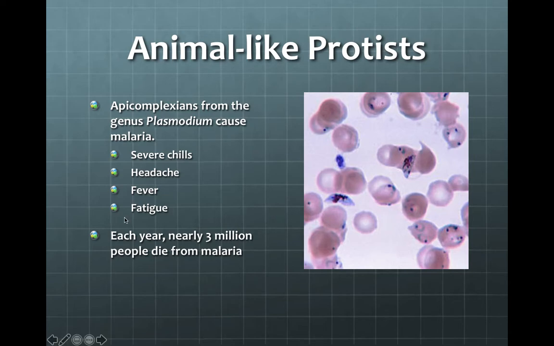And each year, nearly 3 million people die from malaria. Remember, the biggest country that has malaria is Africa. And remember, if you have the trait of sickle cell, you have some protection from malaria. But if you have sickle cell disease, there's no protection for that. All right, so these right here are the burst cells.